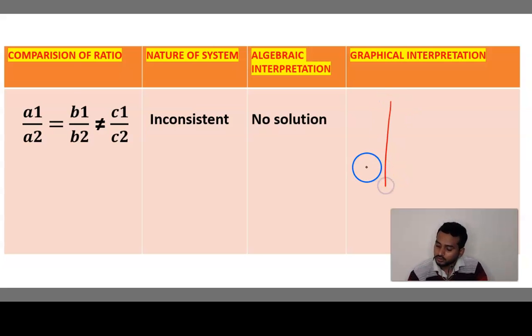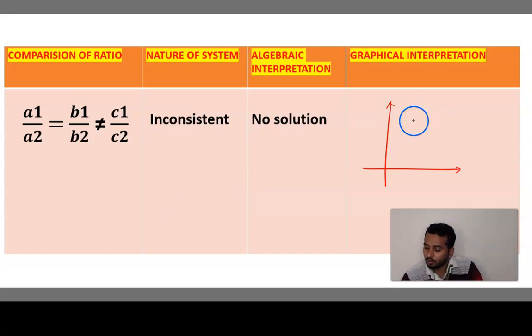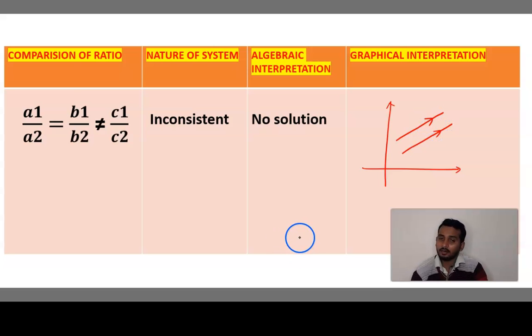Next condition. Suppose we have lines like this. When we solve two equations, for the first equation suppose we have got a line like this, and for one more equation suppose we got a line like this. Now we can see that both the lines are parallel.